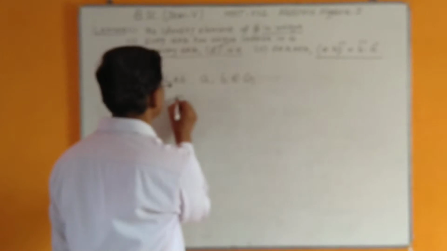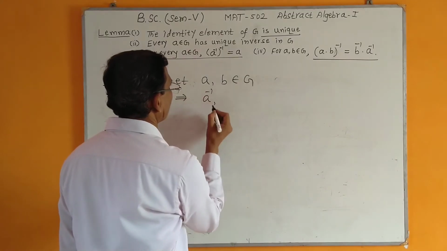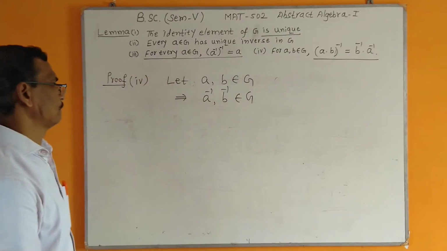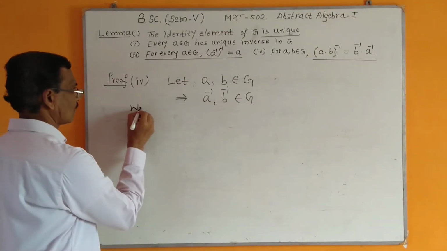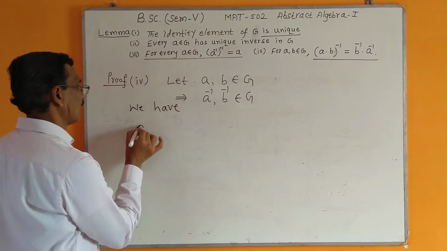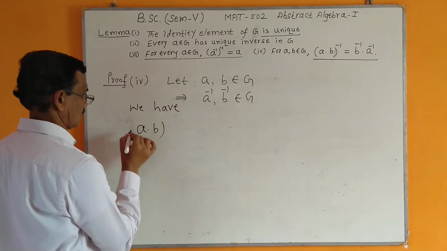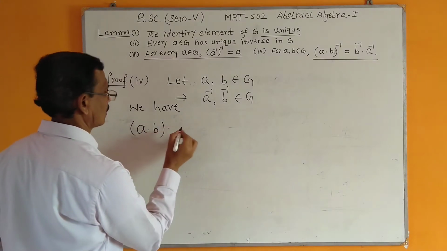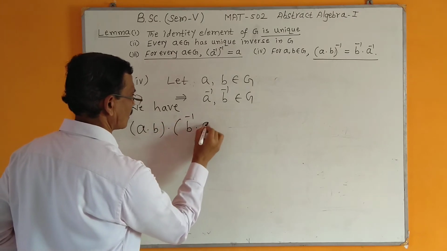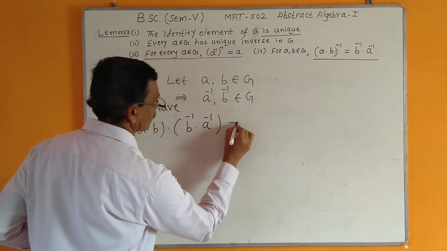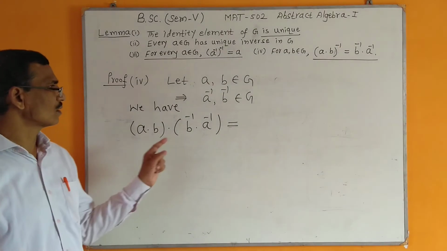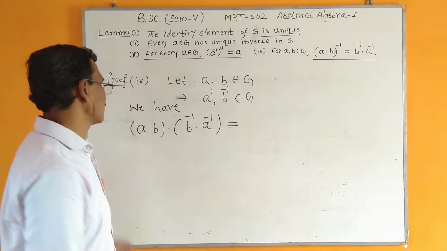That means this implies A inverse and B inverse both belong to G. Now we have A dot B dot B inverse dot A inverse. Now consider this expression.